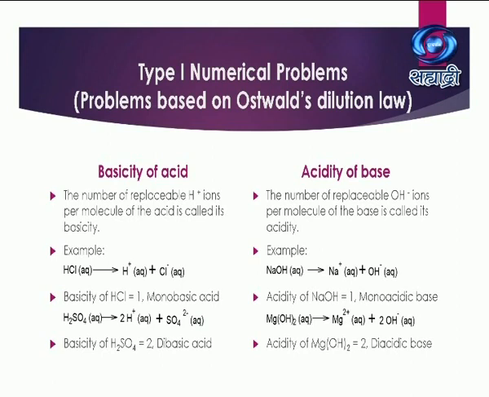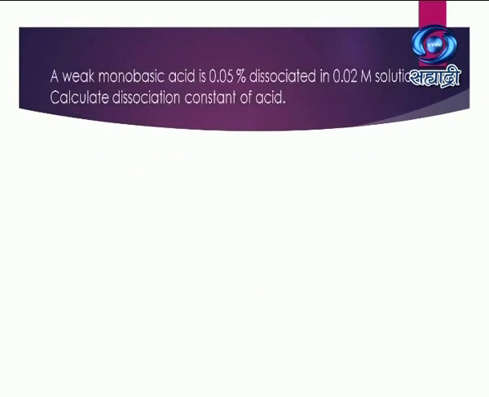Similarly, in the case of magnesium hydroxide, Mg(OH)2, per molecule you can replace two OH- ions to form salt during neutralization. So the acidity of magnesium hydroxide is 2; it is a diacidic base. So this is one small part that also must be known because we require this in solving the numericals.